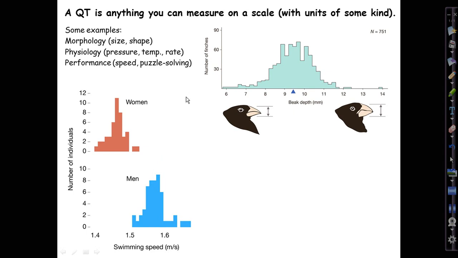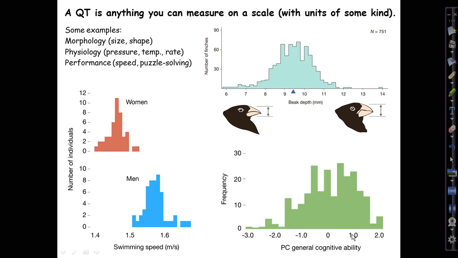Puzzle solving, IQ tests shown here are of sort of a puzzle solving thing. Here's a scale, a principal components analysis of paper and pencil test performances that are used to invent a scheme for measuring what people like to call intelligence.